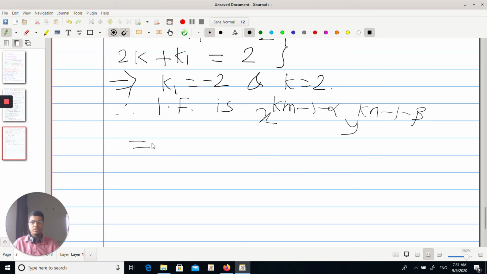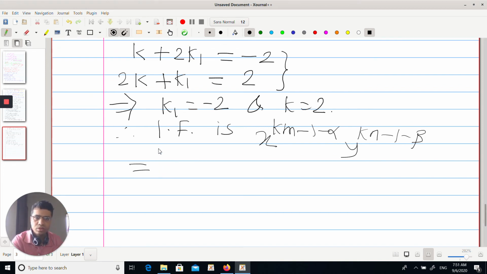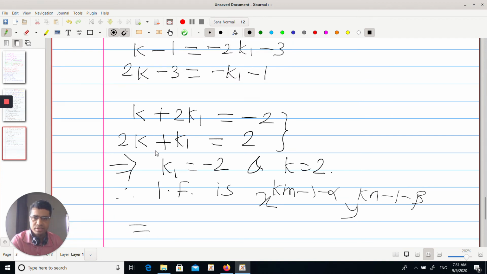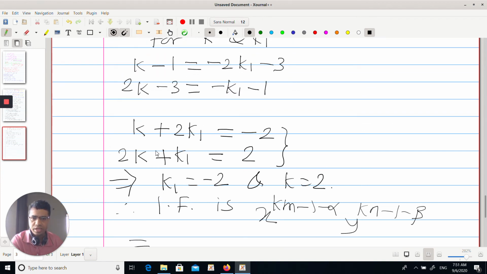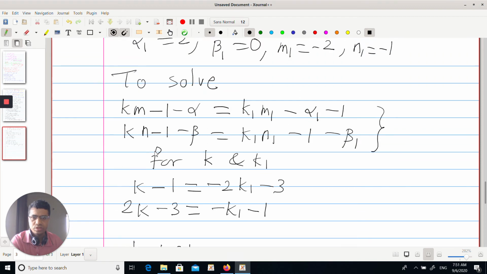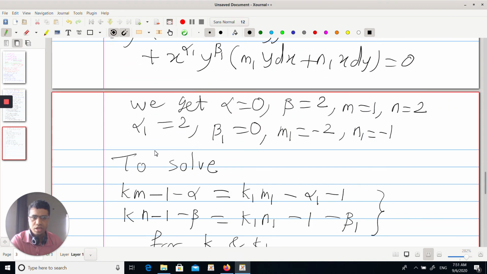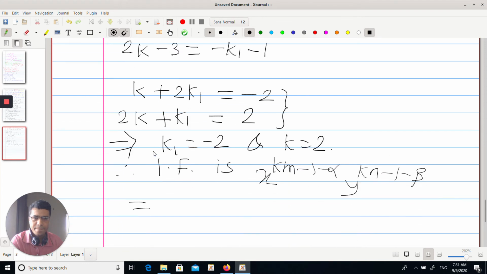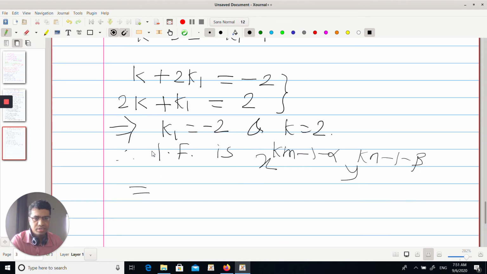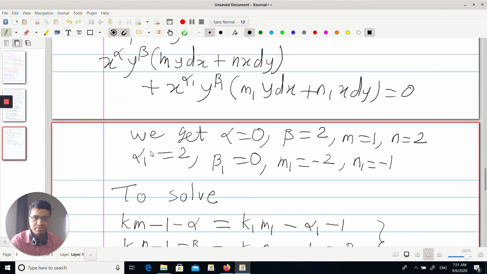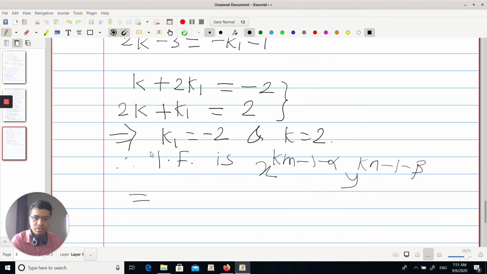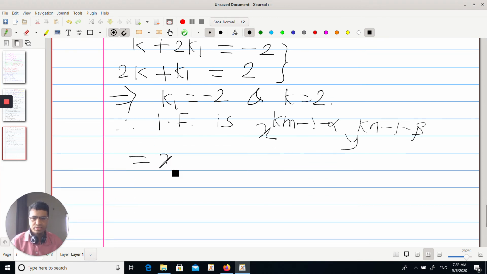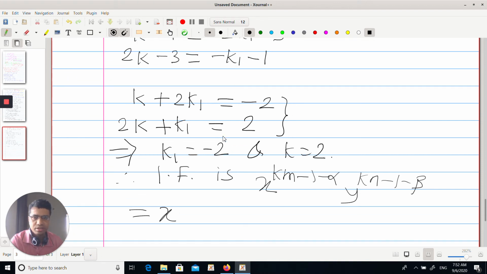That is nothing but km minus 1 minus alpha: k is 2, m is 1, so it is 2 minus 1, that is 1 minus alpha. So it is simply x.